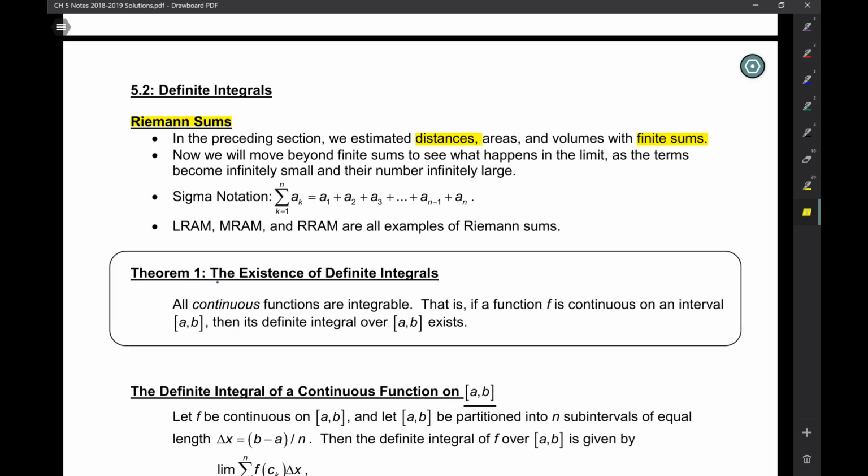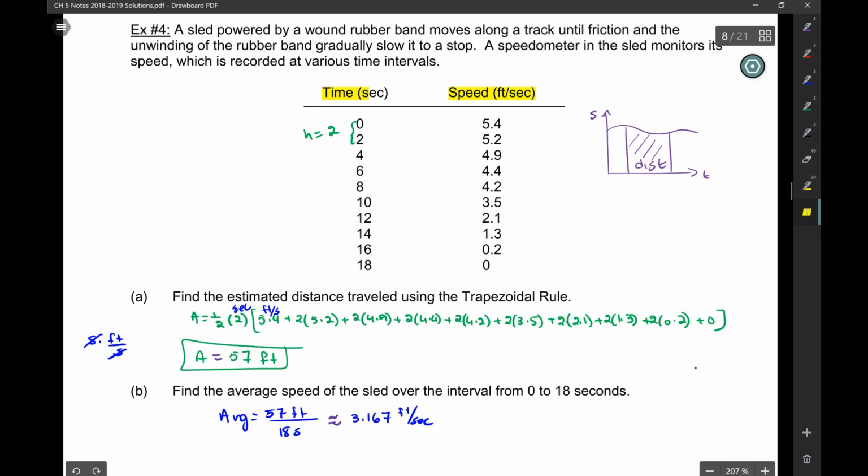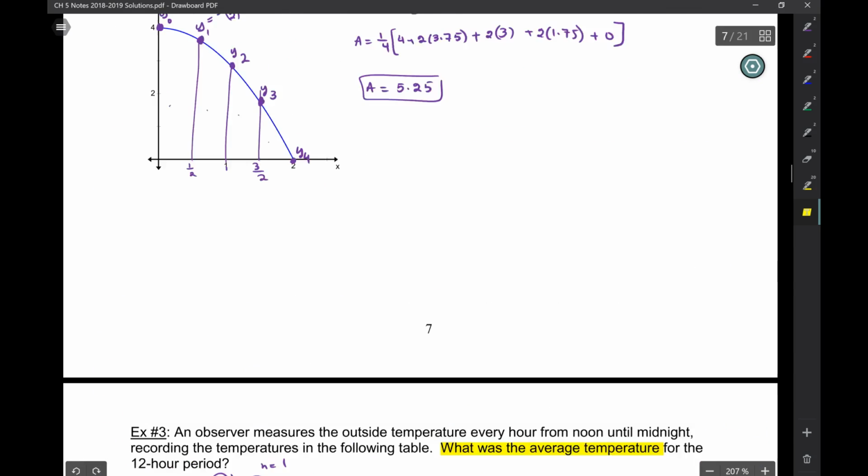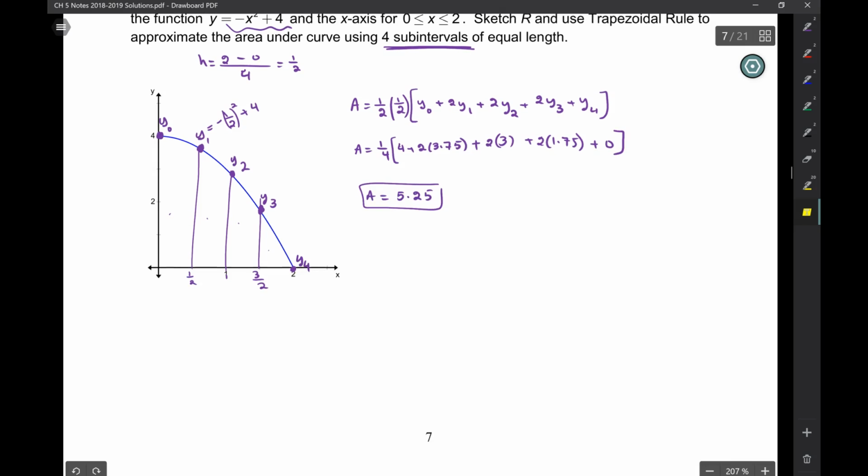In that limit, when I have 4 rectangles, the width of each one is a half, right? When I have 8, this gets smaller. When I have 16, they get smaller. Well, when I have an infinite number of rectangles, how wide is each one?